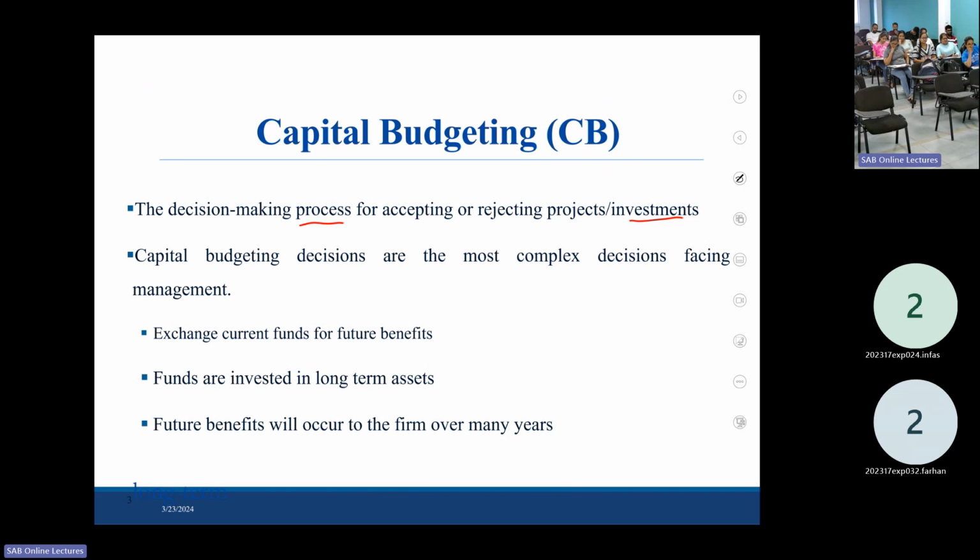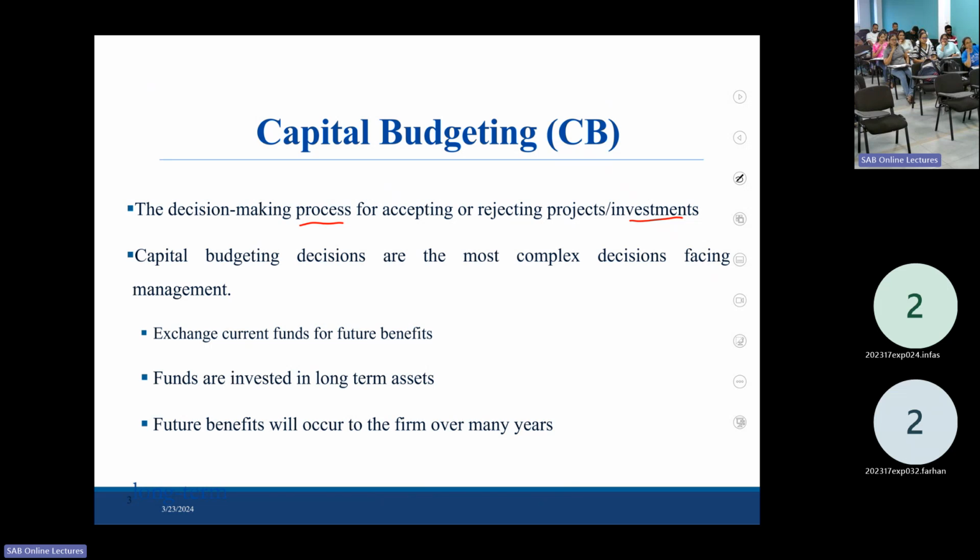So this is a long process. Sometimes it takes even more than 6 months to finalize a particular investment, because it involves a large amount of investment, not like investing 100,000 or 200,000. It is millions, billions when we say capital budgeting. We discussed the concept using a very small project, but capital budgeting involves a large amount of investment.